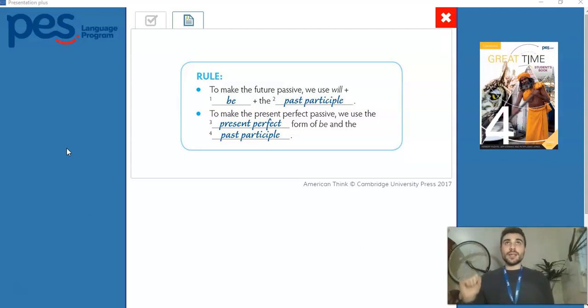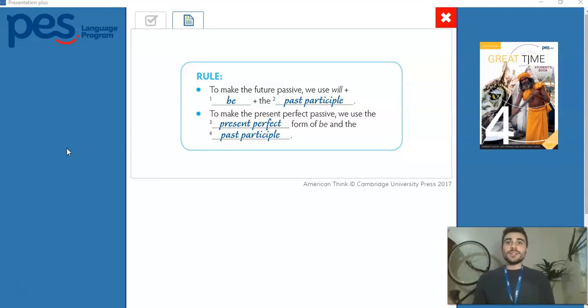Just like in the sentences will be shown, will be revealed. So I have the verb will, the verb to be, and the past participle of the verb reveal, for example, which is revealed. Good? This is the future passive. Now, to make the present perfect passive, we use the present perfect form of be and the past participle.